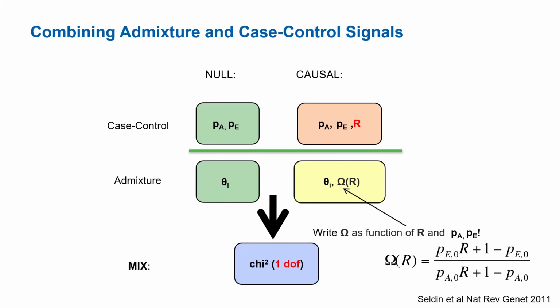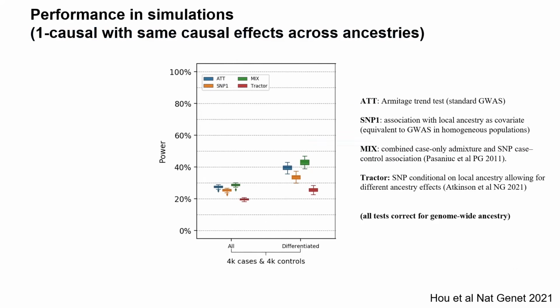You can clearly see that if the SNP is not causal, so R is equal to 1, then the ancestry effect size will be essentially 1. Or if the allele frequencies are the same in the two ancestries, again, it will cancel out irrespective of the causal effect. So this gives you insights into when you should expect a local ancestry deviation. You need both the effect size as well as a difference in the frequencies.